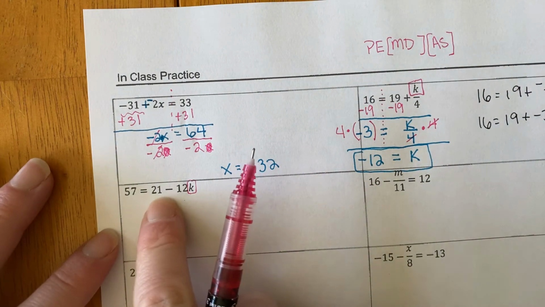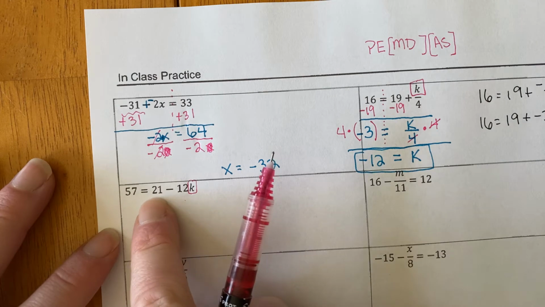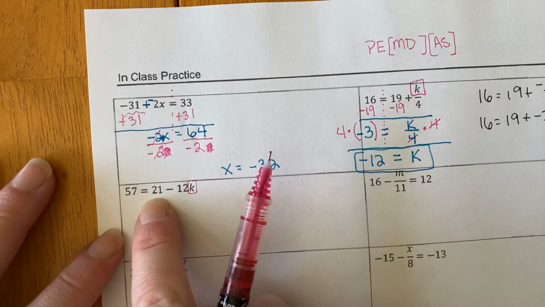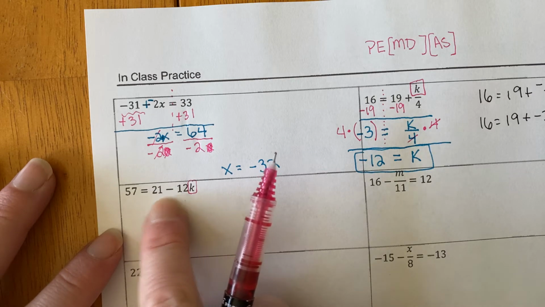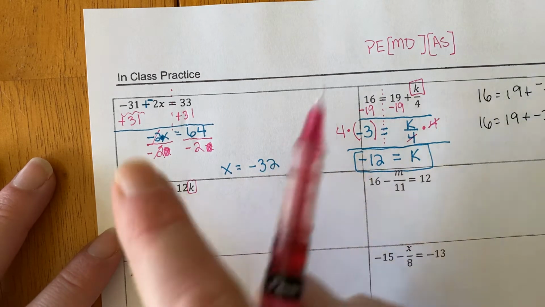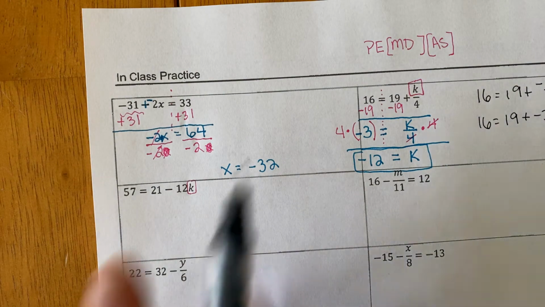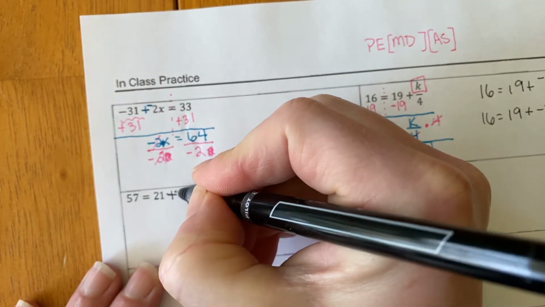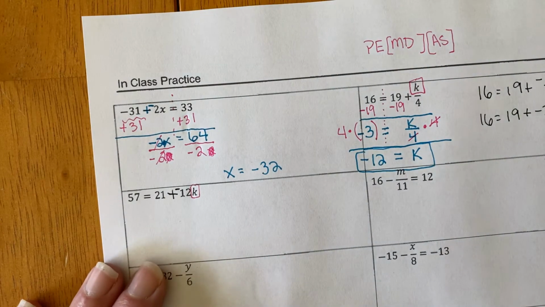So something that's tricky about this is students will see this minus 12k and they'll think that the 21 is being subtracted. But that's not really the case. The 21 is like a positive 21, and it's the same as plus a negative 12k.